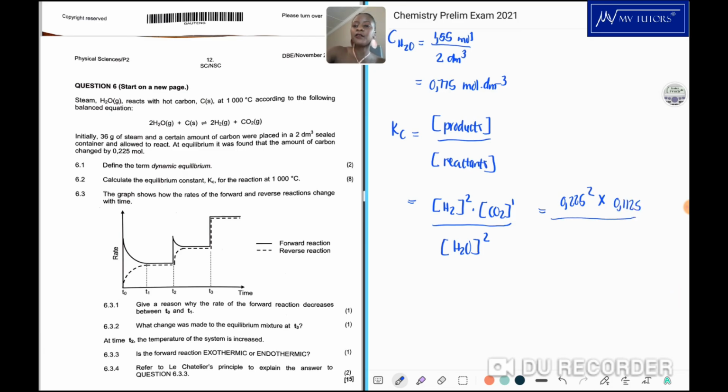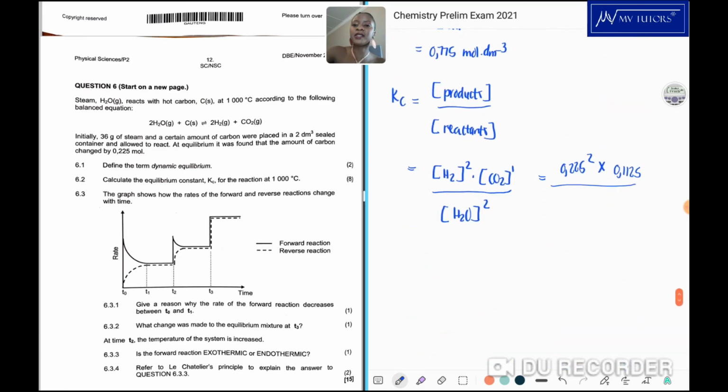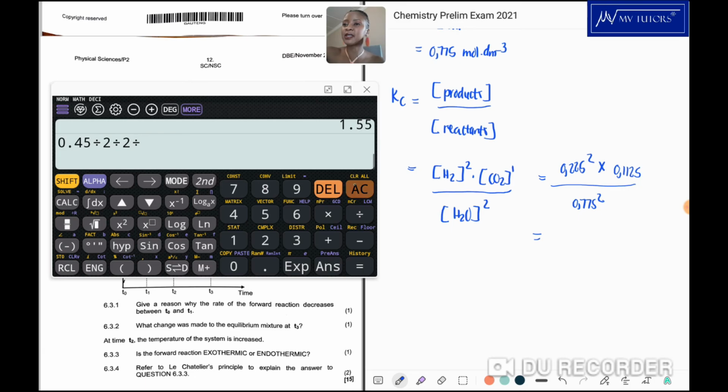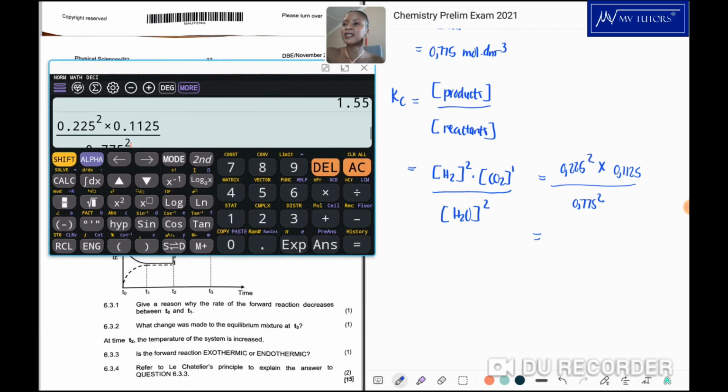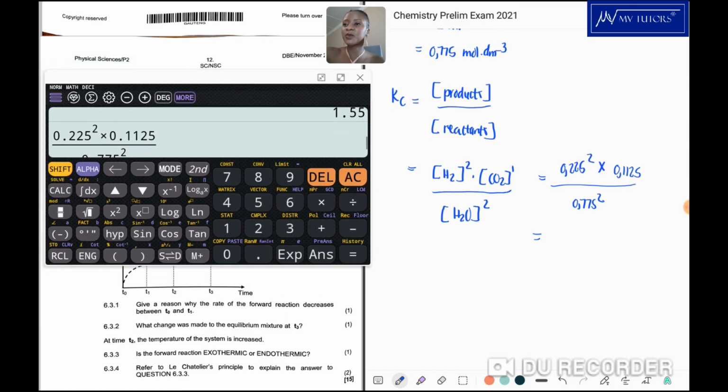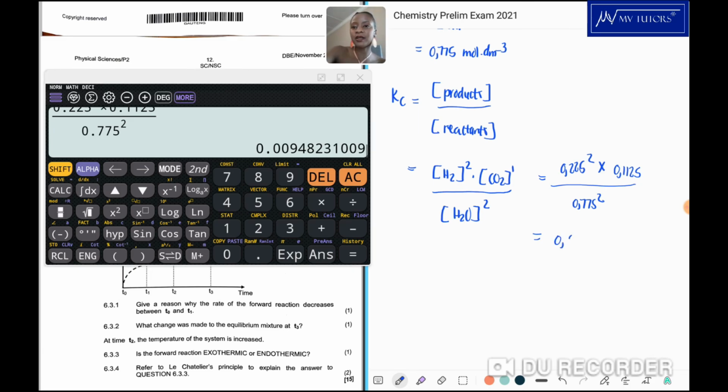And for the steam, we have 0.775 squared. Guys, this was laborious, but it is worth the 8 marks. So 0.225 squared times 0.1125, all over 0.775 squared. I feel like this calculator is going to show me flames with the answer as expected. So I have 0.0095.